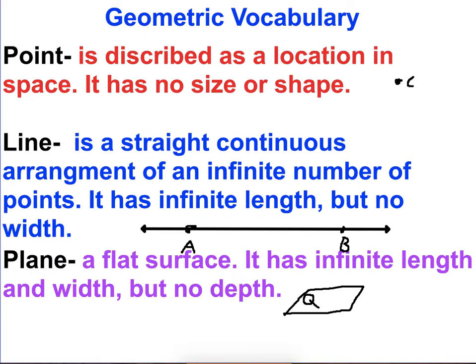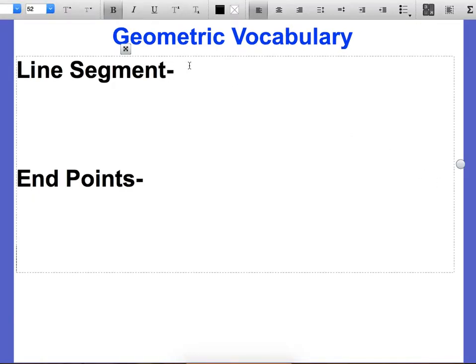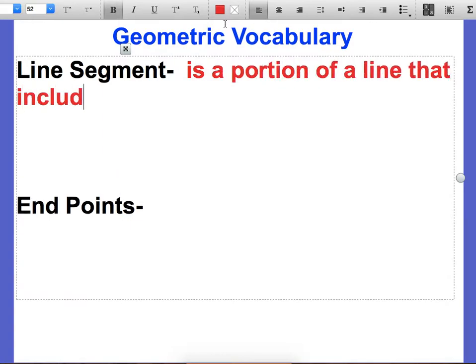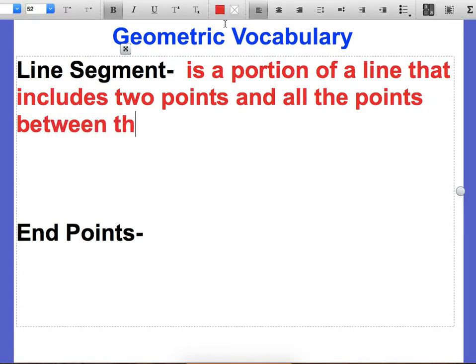All right, let's look at some more. So we have line segment first here. Line segment is a portion of a line that includes 2 points and all the points between those 2 points.